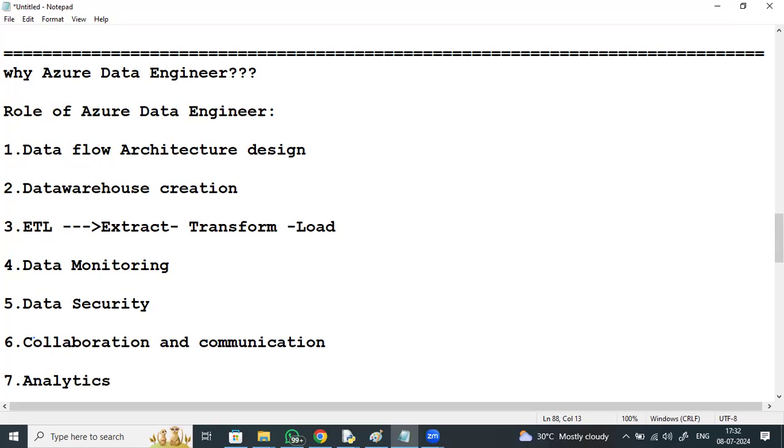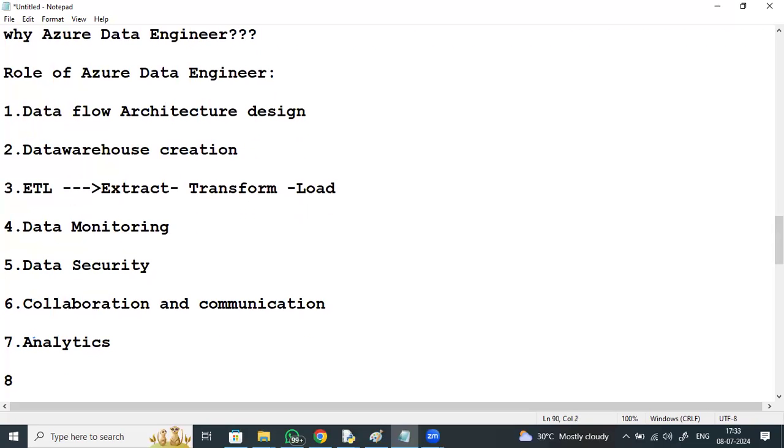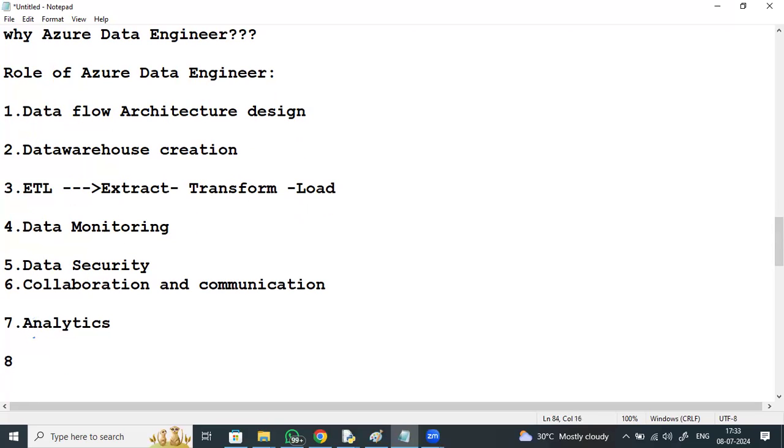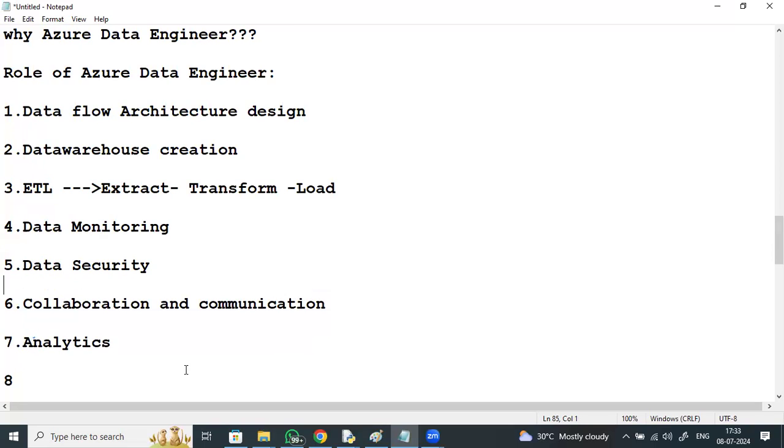And analytics. Data engineers are going to analyze the data and transform it into a structured and useful format. They need to have strong analytical knowledge to perform various analyses, and also some kind of automation.